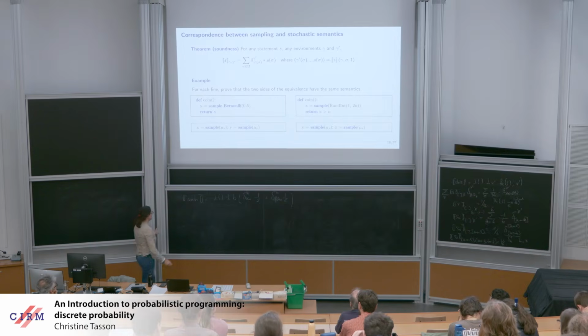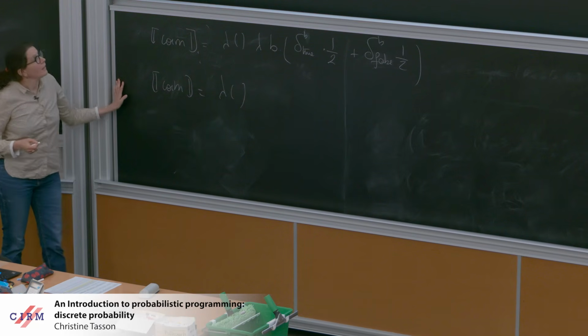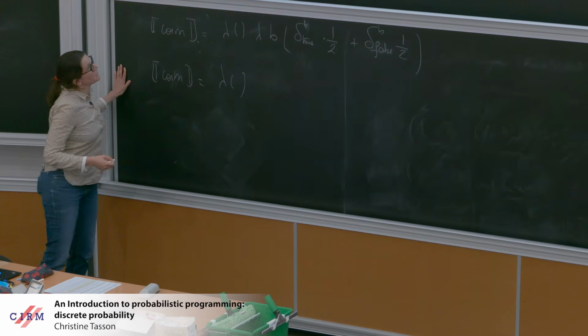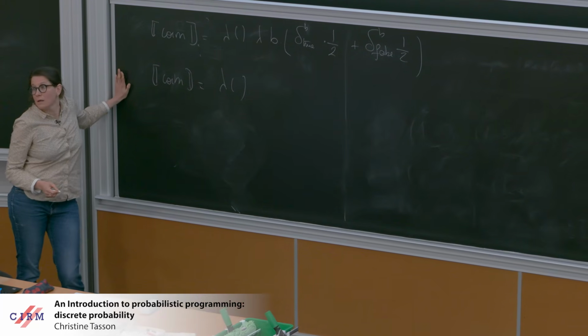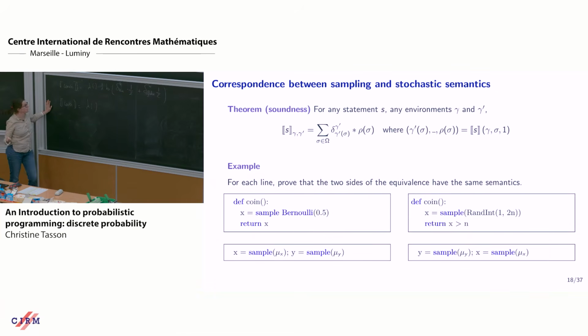Okay, now for the other one. No input. What are the potential outputs? True and false. X can be bigger than n or less than n, so it will also be true and false. So lambda b, and I will sum over all the potential values of my sample, 1 to 2n.